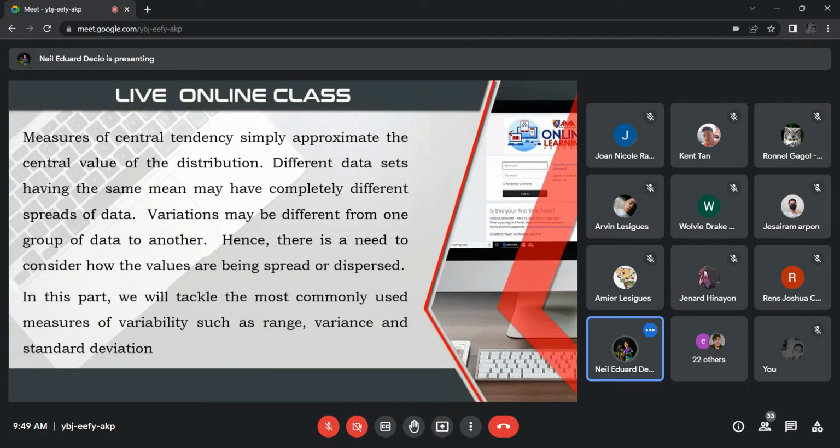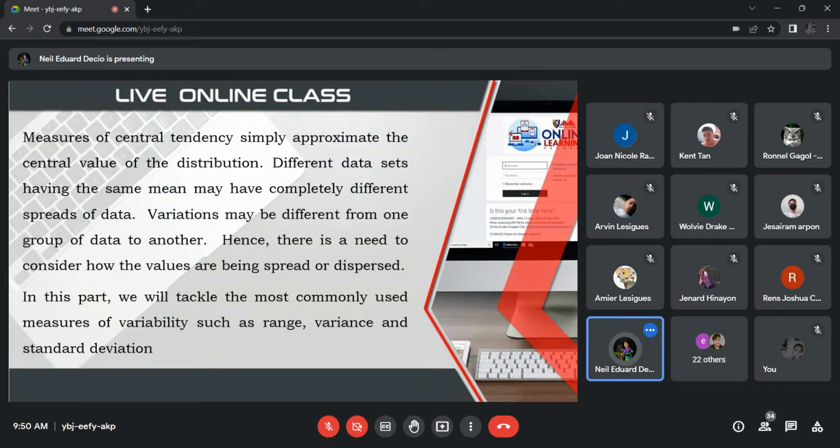Different data sets having the same mean may have completely different spreads of data. So it's possible for two data sets to have the same mean, but magkaiba yung range ng highest and lowest value. They might have the same mean but have different spread.